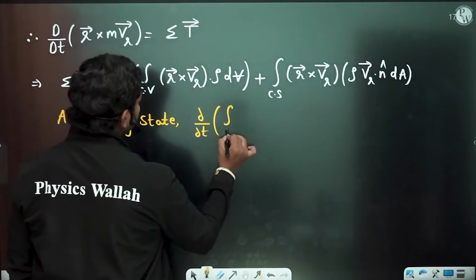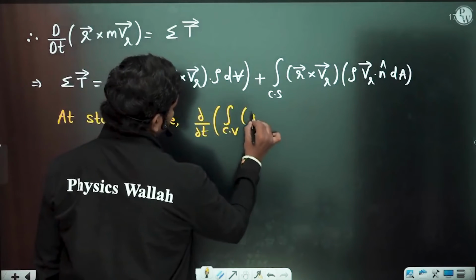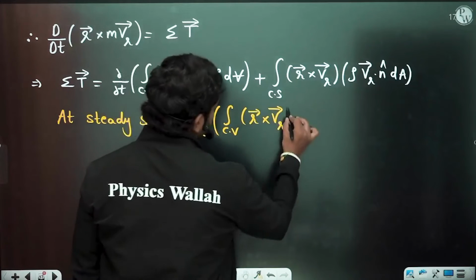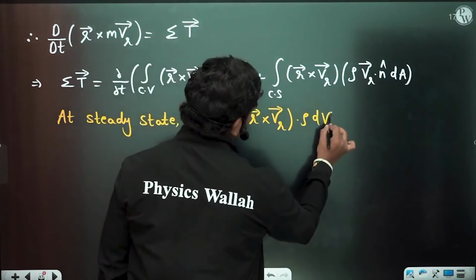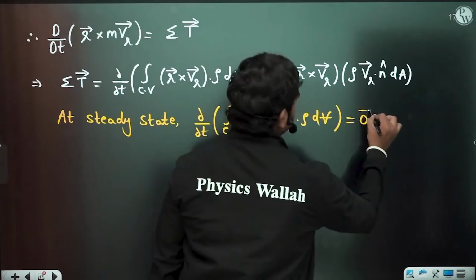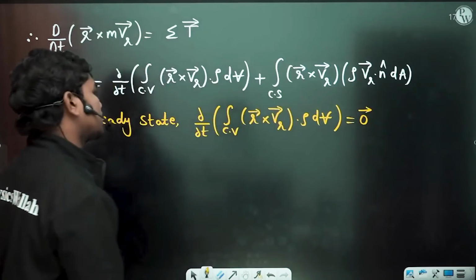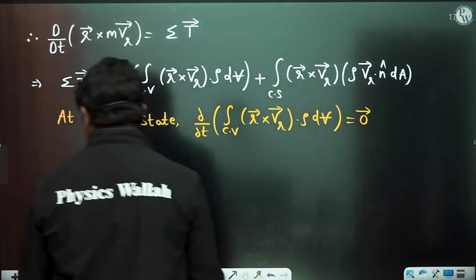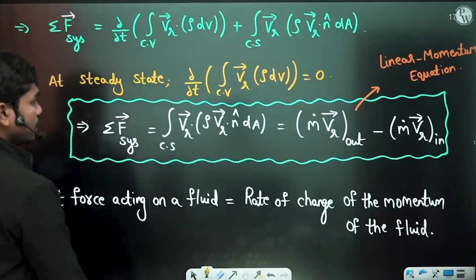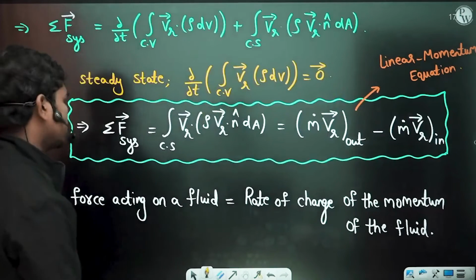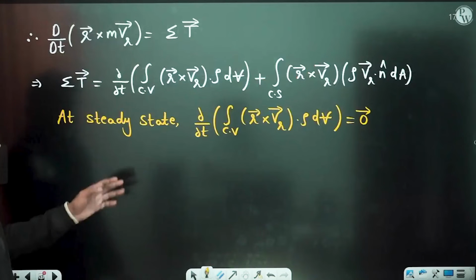So dou by dou t of this control volume integral of r bar cross v_r bar into rho dV is 0. Of course, 0 bar you can write because this is a vector quantity. Similarly, in the case of the force term also, I think I have kept only a single 0, put a bar here. So this is 0 bar.